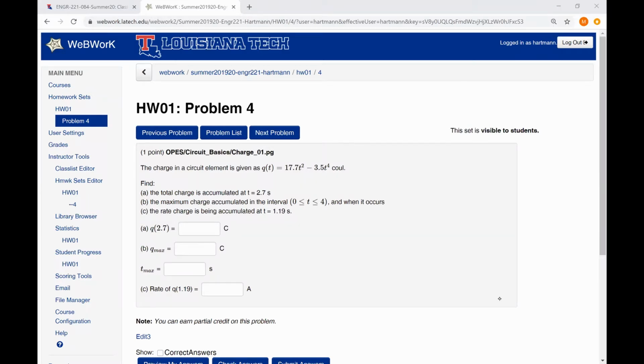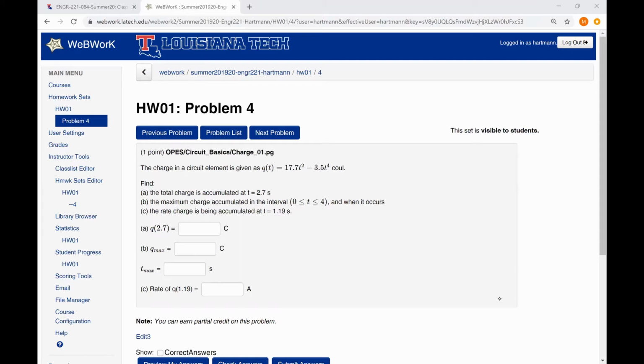How I would have approached this problem: take the derivative of Q of t with respect to time, and then you're going to end up with a third-order polynomial function. One of your answers is going to be 0, and then you're going to have the square root of something. For me, it was 5. The numbers are going to be different.